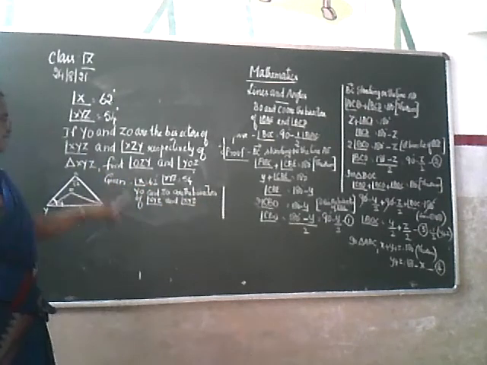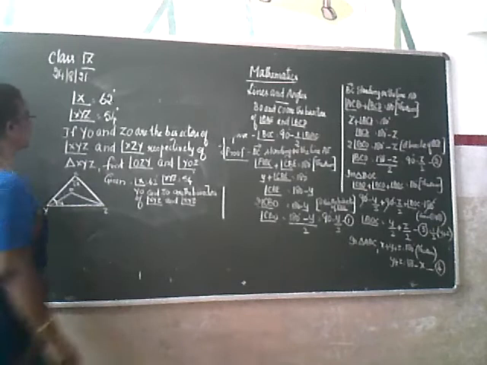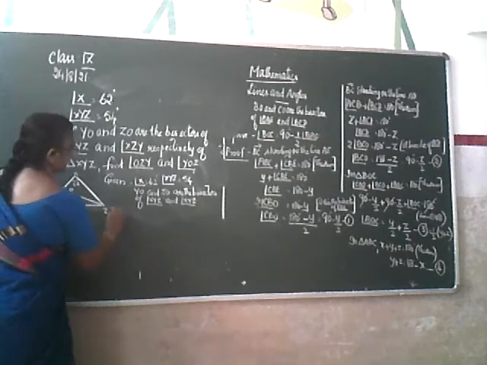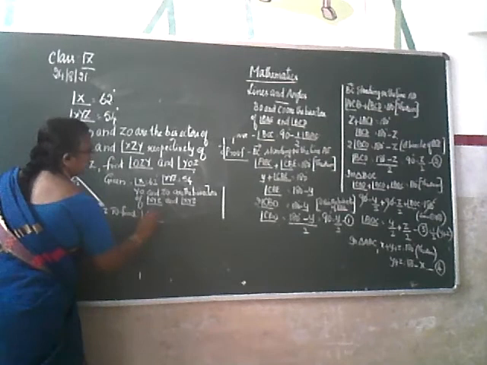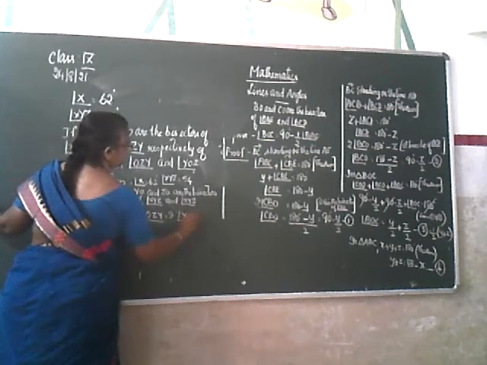So YO and ZO are bisectors, which means each divides the angle into two equal parts. To find, you must find angle OZY and angle YOZ.